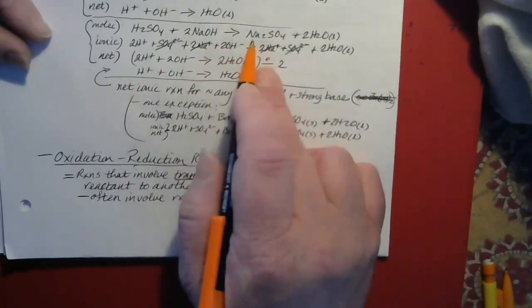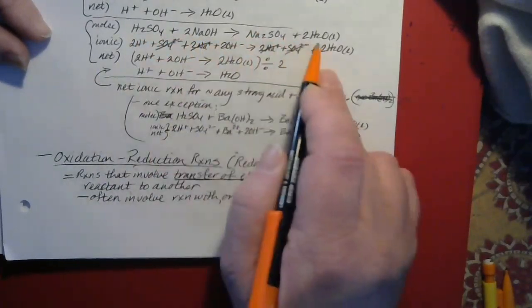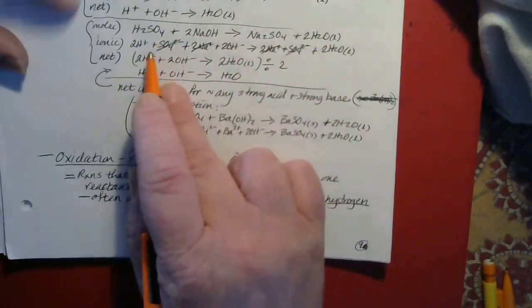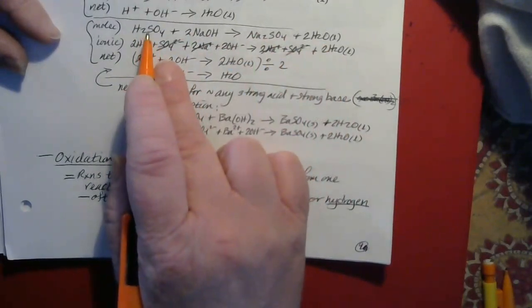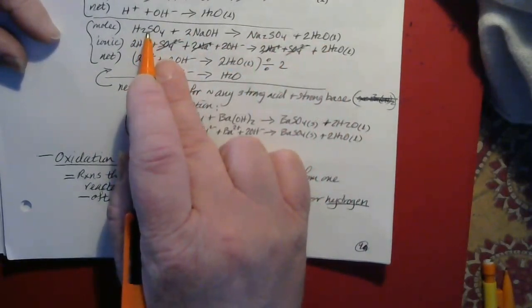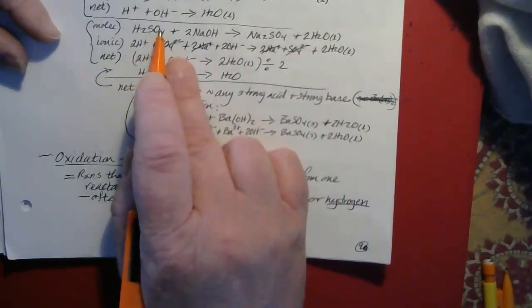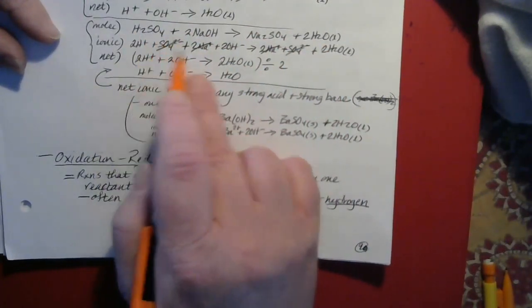We can look at another example, say sulfuric acid plus sodium hydroxide. When we balance that, we get sodium sulfate and hydrogen hydroxide, better known as H2O or water. And we can go through the entire process for finding the ions. The H2SO4 is a strong acid, so it will be present in water as 2 H plus ions and 1 SO4 minus 2 ion.